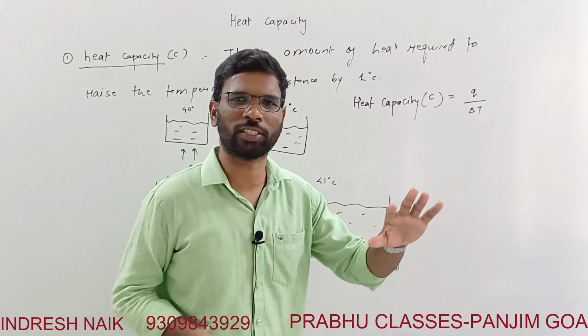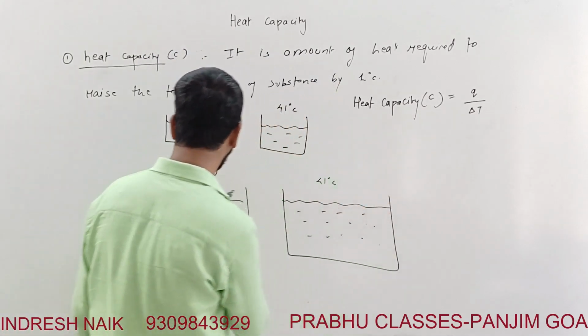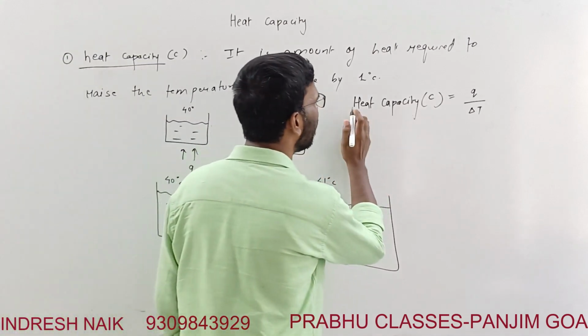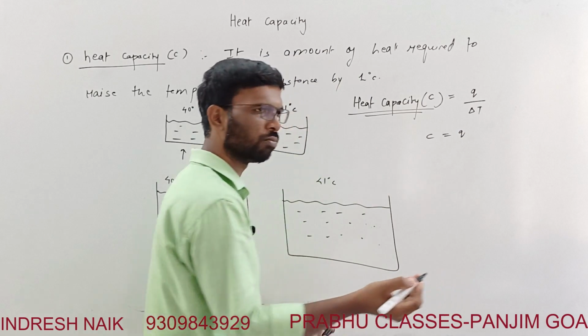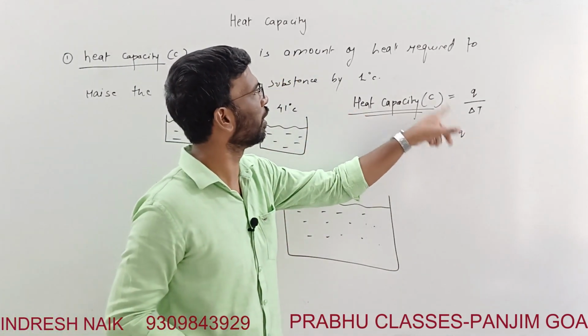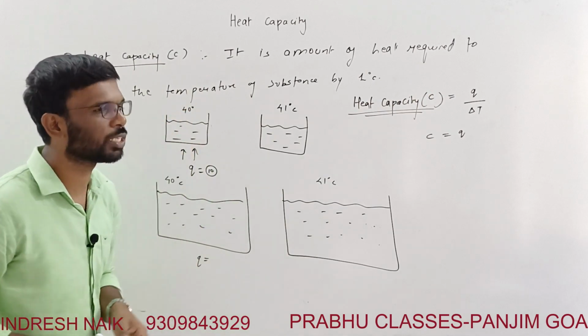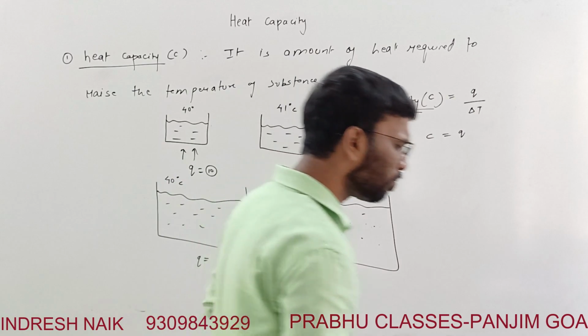When you take the difference it will be the same, right? So the difference is 1 degree. So C is equal to Q, no? It means it is fitting into the definition. It is the amount of heat required to raise the temperature of a substance by 1 degree Celsius.